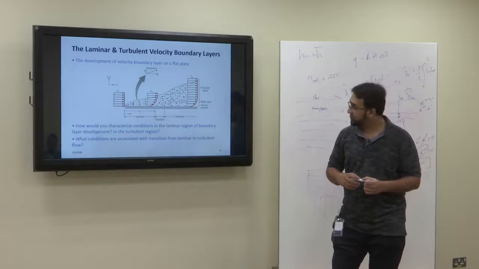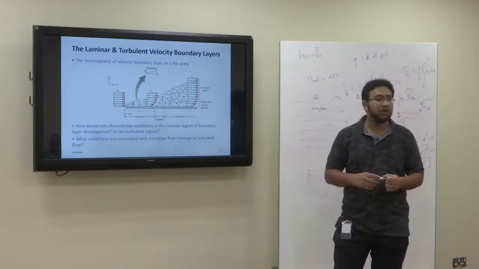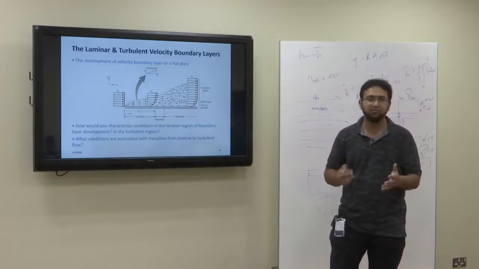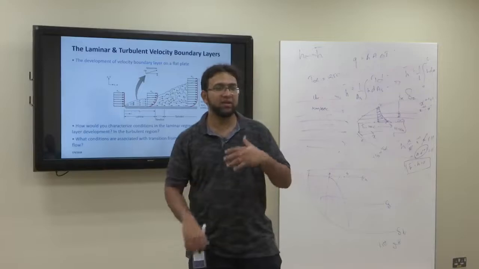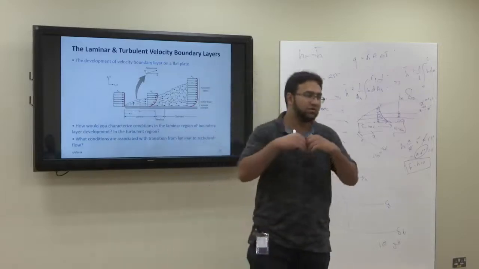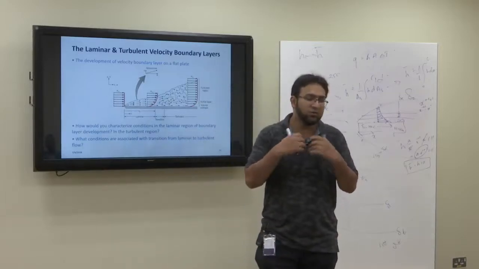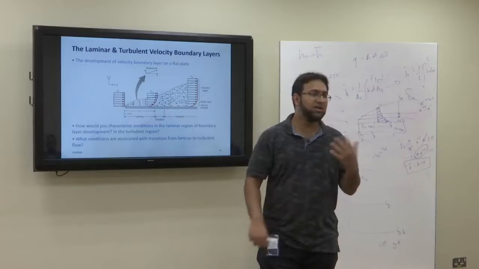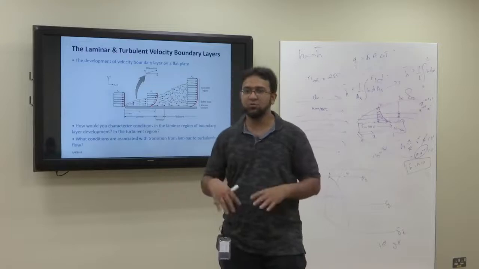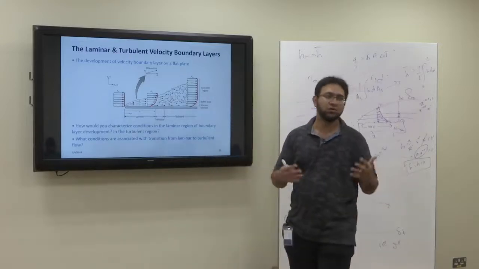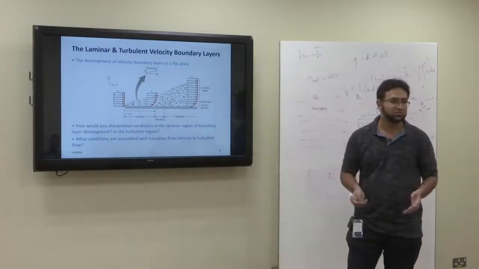Okay? So most of the time we are really interested in turbulent flows, but there are many things in which we cannot really ignore laminar flow. There are many cases where laminar flow is a reality. No matter how much you want turbulent flow, you cannot make it turbulent in those conditions.